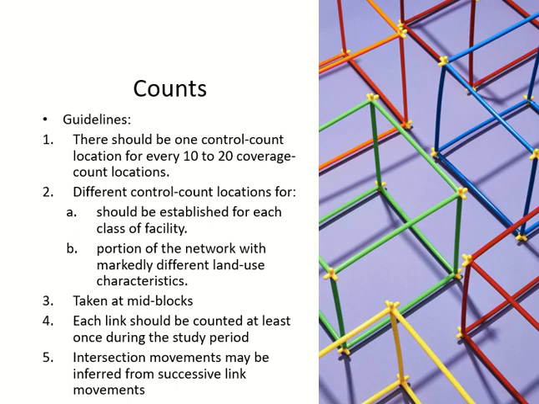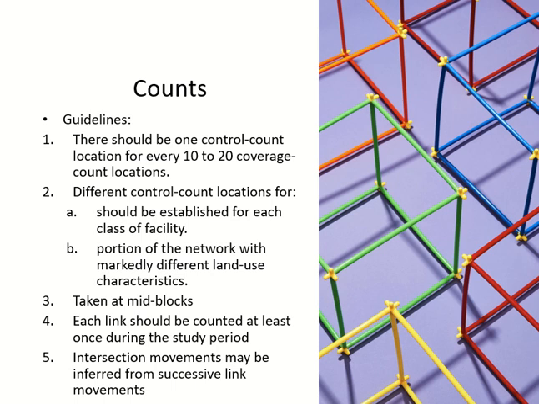There are some guidelines here. The first guideline is the ratio. For every one control count, you can go up to 20 coverage counts. So if, for example, you have 30 coverage counts and you took only one control count, it is not acceptable.